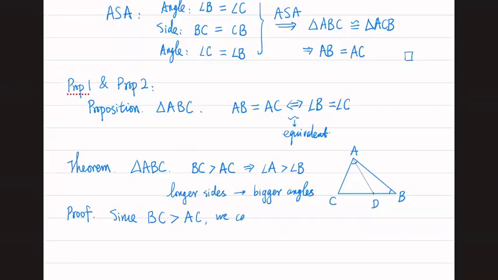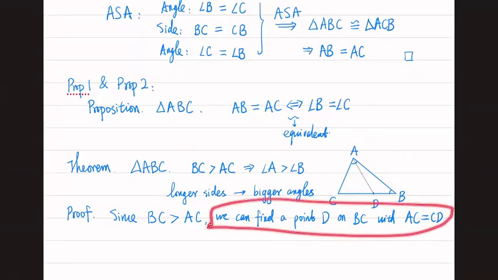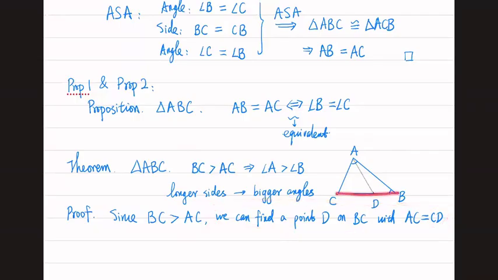We can find D, a point on BC with CD equal to AC. Okay, Amy, what do you think of this step? Can this be done? Yeah, this is longer, so we can find a segment so that they are the same.